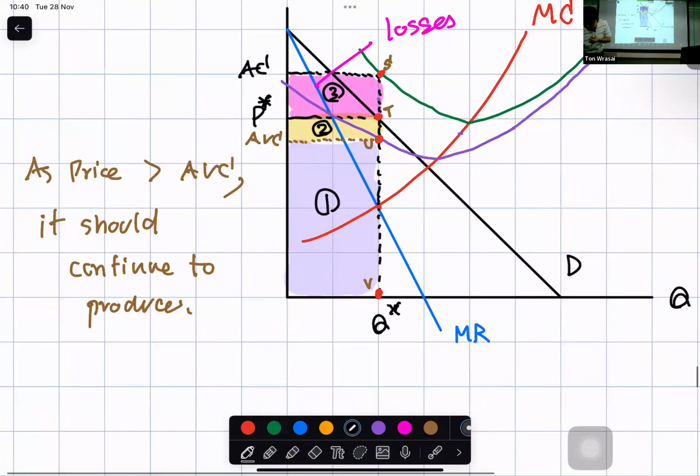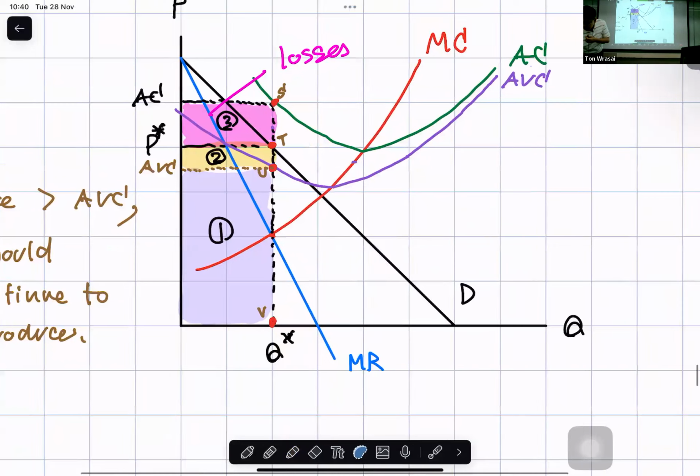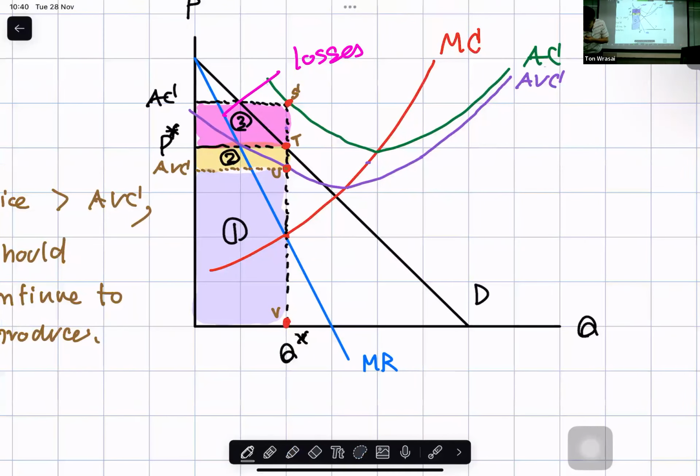If we use the TR-VC approach, we should notice that now area analysis suggests TR is area 1 plus 2. You would agree, 1 plus 2, P times Q. That's total revenue.